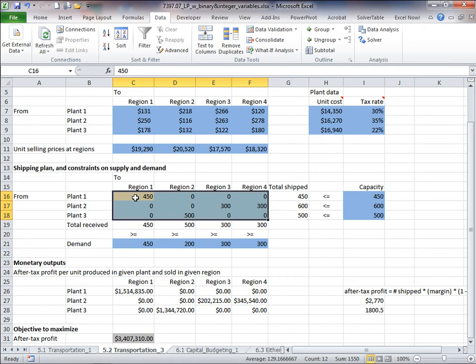Well, it's forcing me to ship more to region two, that's true, because I'm maximizing, so when it took a greater than or equal to, it chose to go all the way up to the max that I could. But what I'm focusing on is this first column, region one. Remember our solution when we were minimizing cost?